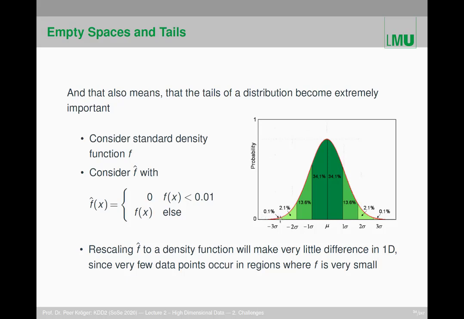So only for those observations to the left of this mark and to the right of this mark would f prime give 0. And obviously, given this probability density function, it's extremely unlikely that those x are actually observed. So in 1D, that's no big deal.